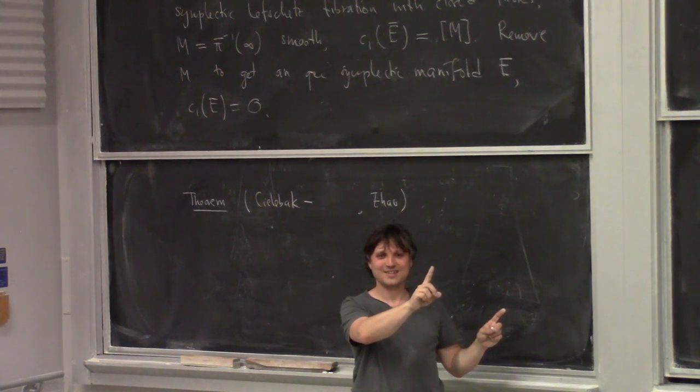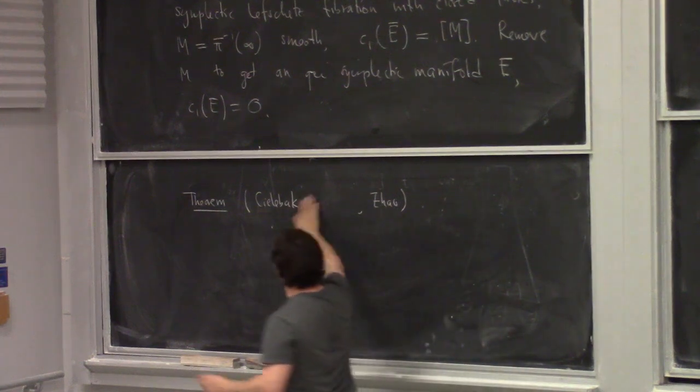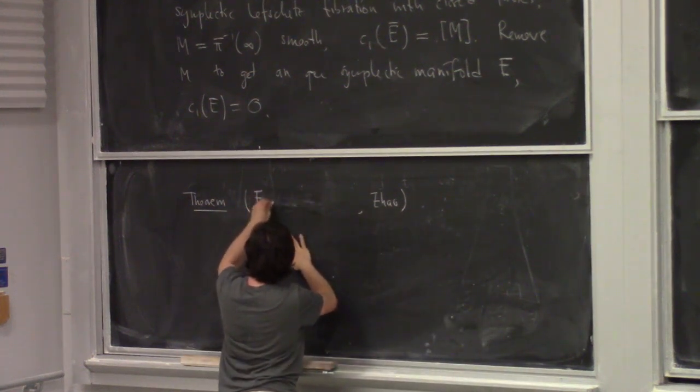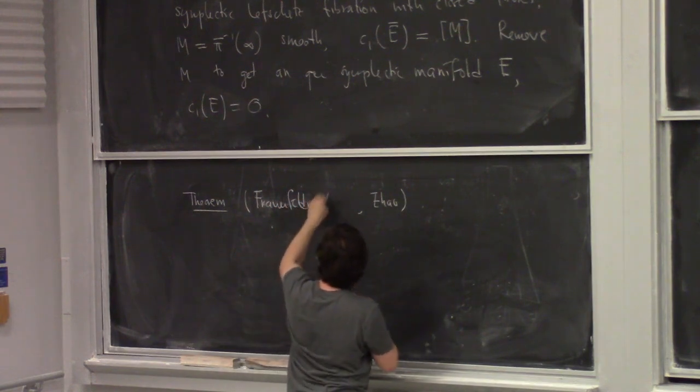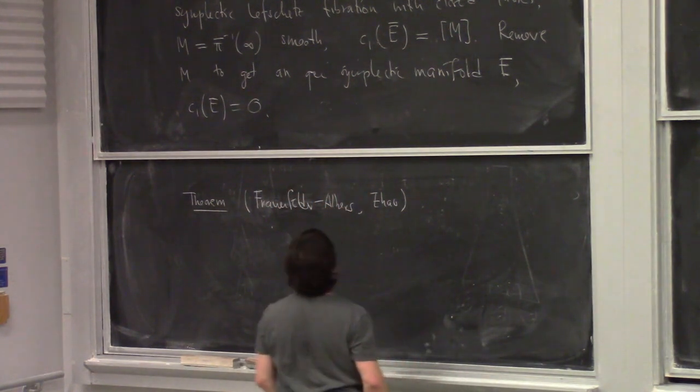Was that from Felder and Albers? There you go, from Felder and Albers. Well, of course, they didn't actually prove this case here, but the proof is exactly the same thing.